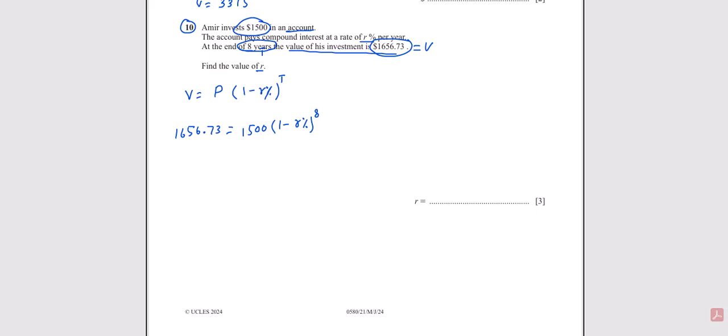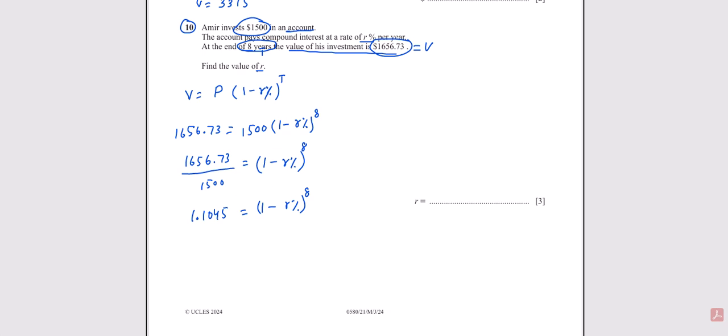Divide with 1500. 1656.73 divided by 1500 is equal to 1 minus R percentage over 100 power 8. So divide these values, we get 1.1045 is equal to 1 minus R percentage over 100 power 8.